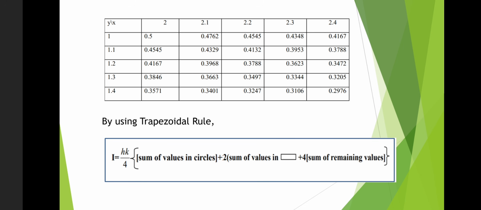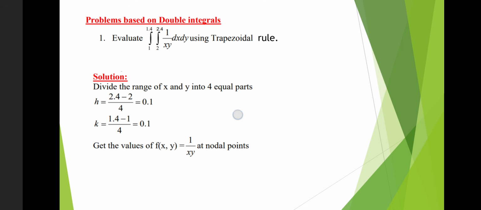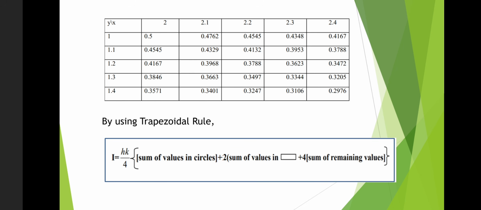For example, when x equals 2 and y equals 1, the function value is 1 by 2 into 1, which is equal to 0.5.